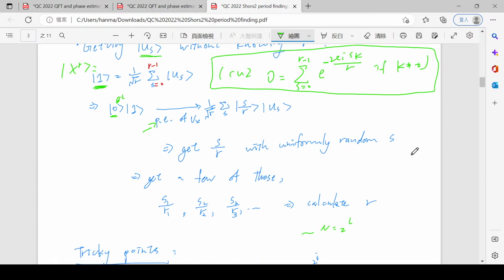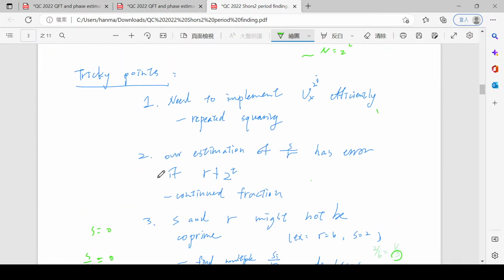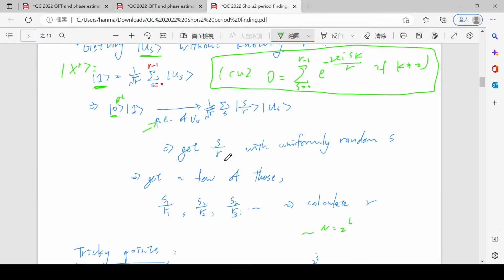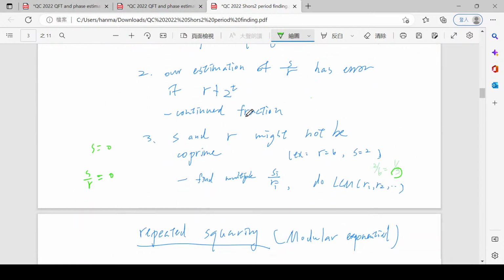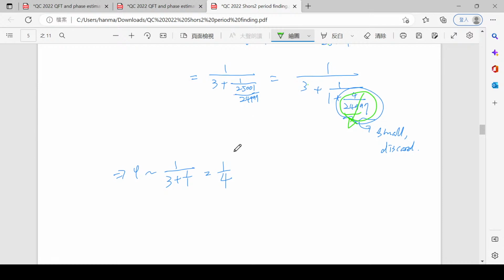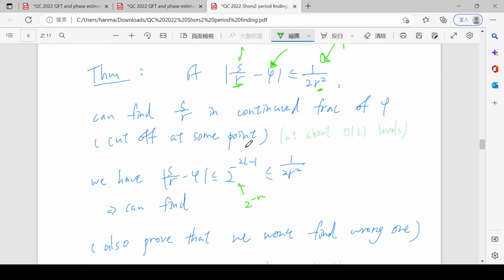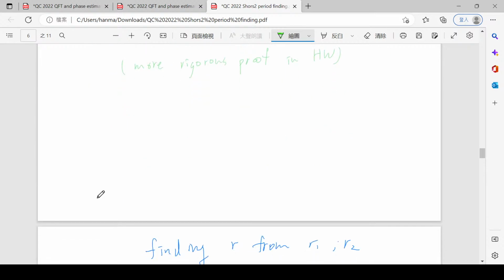The algorithm is we do phase estimation on this U_x and 1, and we'll get s over r, and then we need to clean up s over r with continued fractions, and we will draw this in pairs, and do the least common multiple, and you have a good probability to be good. Okay, that's order finding, and we have about 10 minutes. Can we do this? Probably.